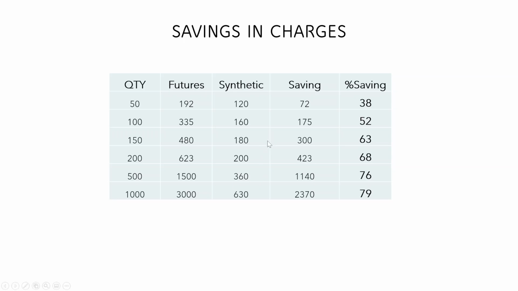Yes, I will. Yeah, I will do that. Right. So you see the savings, huge percentage savings. And let me tell you, we have already moved all our clients to synthetic futures. We have run it for 5 days, I believe, and I will be showing you the order sheet of that.